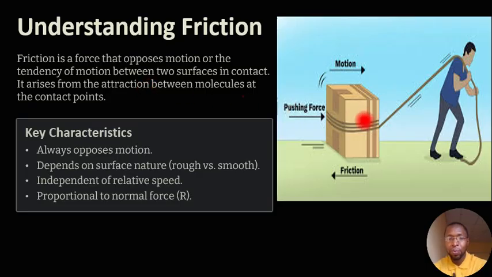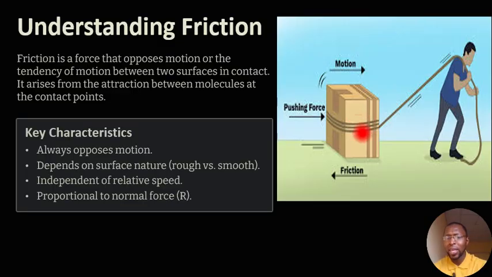For example, look at this object and look at this young man trying to pull this object. The intention of the man is to pull this object forward, and he is applying a force called the pushing force, or the pulling force, whatever case.